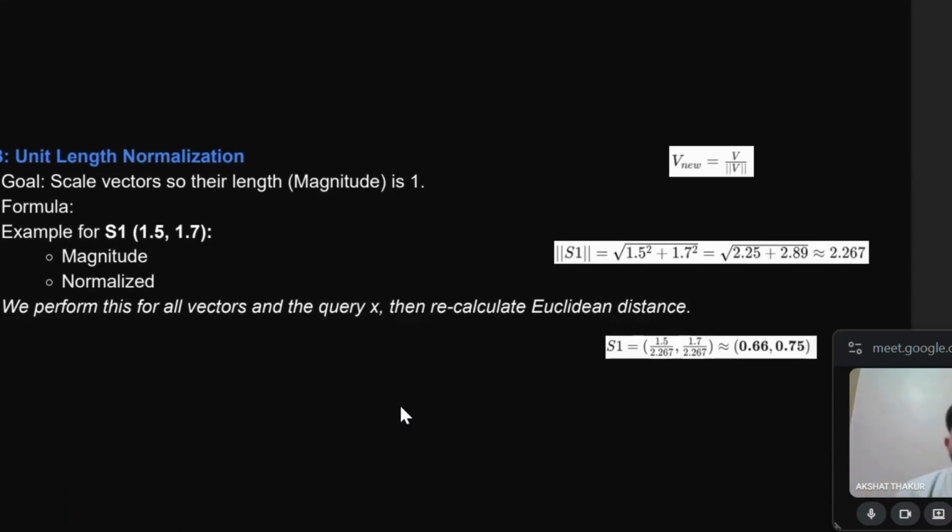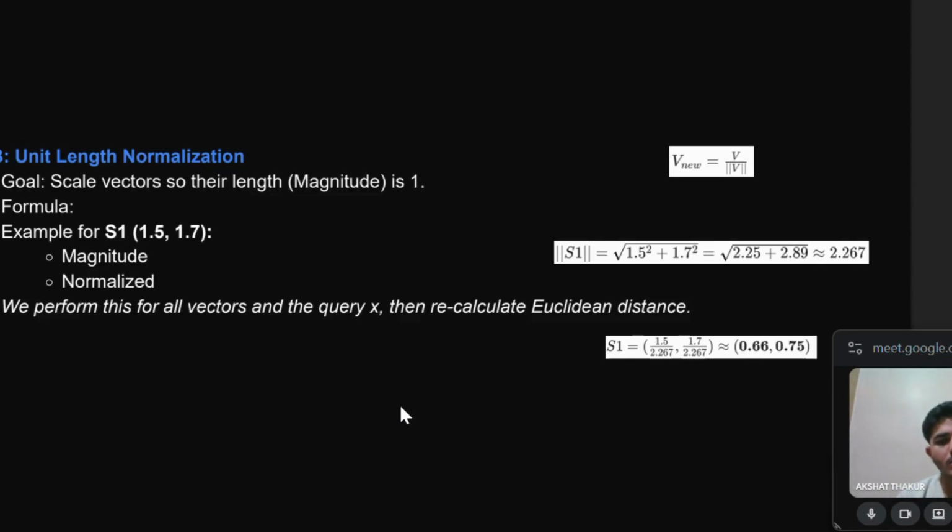Now use unit length normalization. The formula will be V new equals V divided by the magnitude of V. The goal is to scale vectors so their length, the magnitude, is 1. For example, S1 is 1.5, 1.7. What will its magnitude be? We sum the squares of both numbers and take the root, which is 2.267.